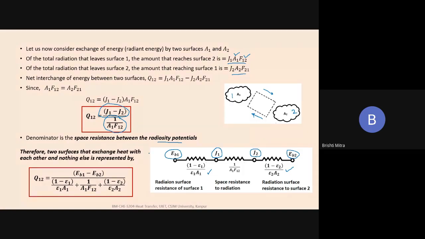If I put these resistances together and write the net from beginning to end, it becomes EB1 minus EB2 over three resistances: the surface resistance due to surface 1, the space resistance, and the surface resistance due to surface 2. This is a general expression to understand how heat exchange happens between two bodies, using the concept of radiosity and irradiation.